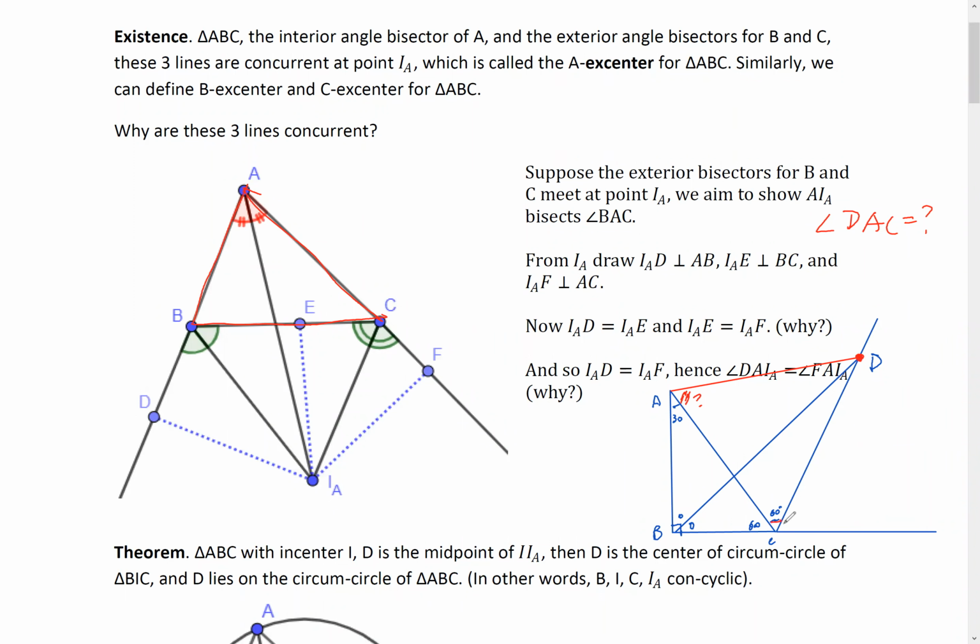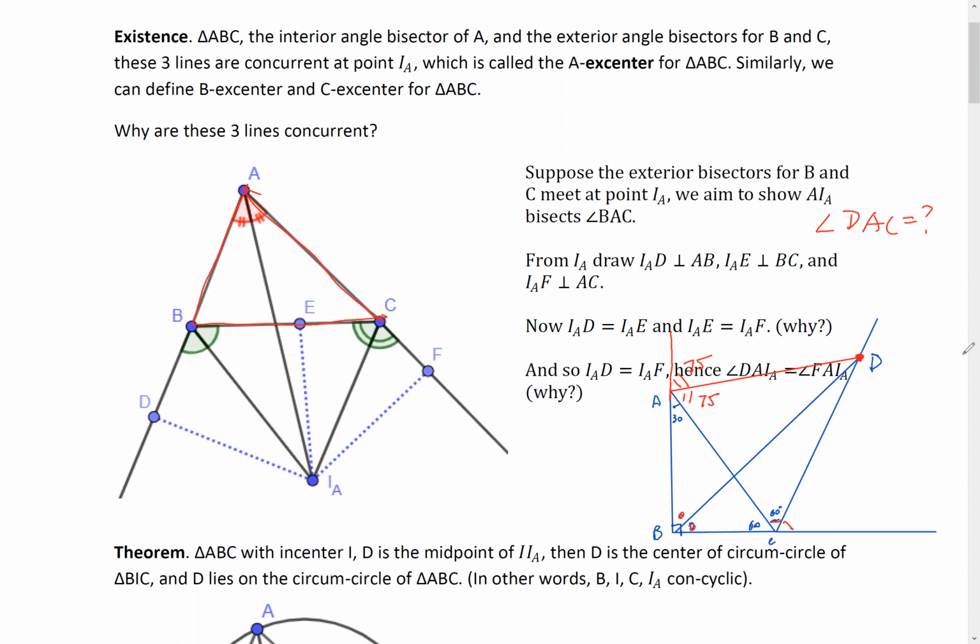Why? Because this is an exterior bisector. This is an interior bisector. So the third one must be an exterior bisector. So this must be 75. And that one is also 75 because it's going to be an exterior angle bisector. That makes sense? All right.